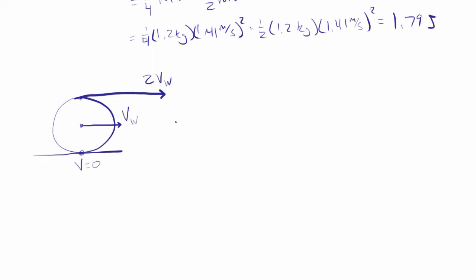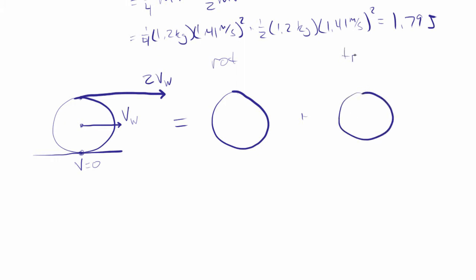All right, so what I was just trying to show you was that this picture is the same as taking the rotational picture, separating it out, and adding it to just the translational picture. The translational picture is really easy. All points of the wheel are moving at the same speed. In terms of these quantities, what is the speed over here? Is it 0? Probably not. VW or 2VW?